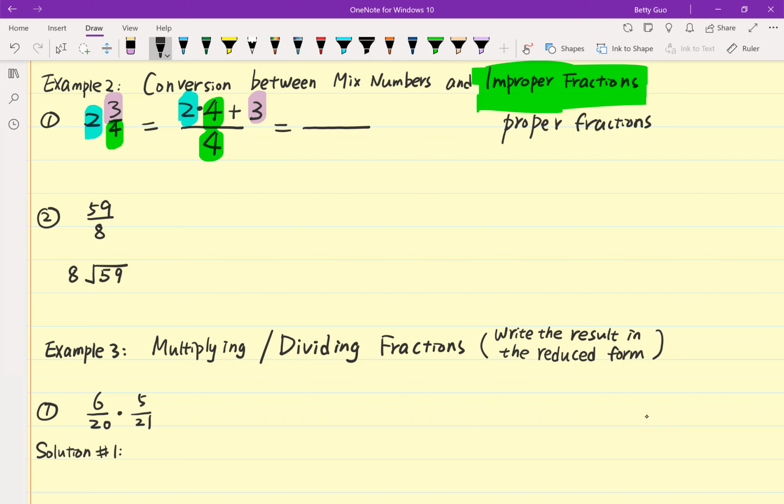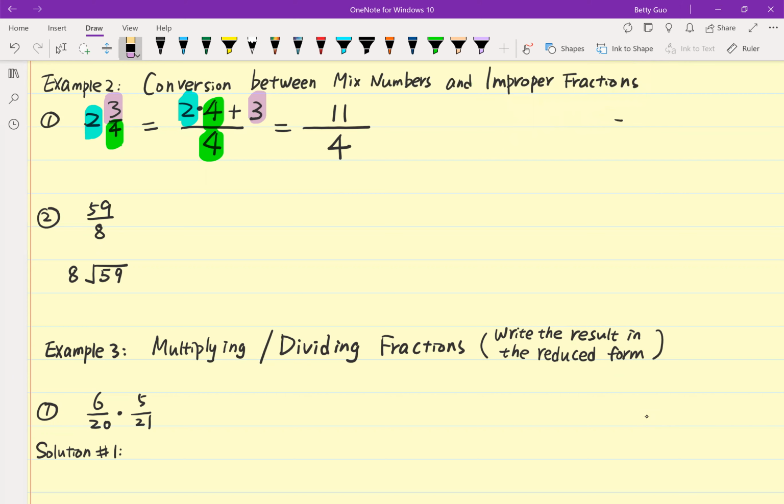Let's see. 2 times 4. What is 2 times 4? 8. 8 plus 3, 11. So the equivalent improper fraction of the given mixed number is 11 over 4. That's how we convert from mixed number to its equivalent improper fraction.